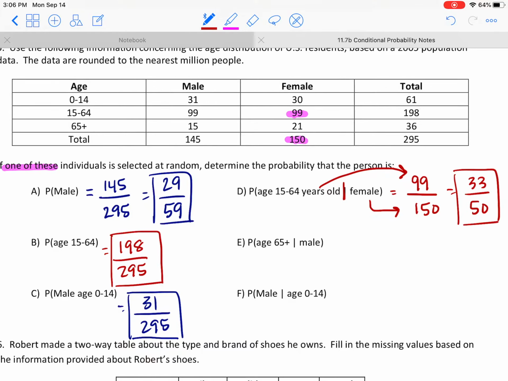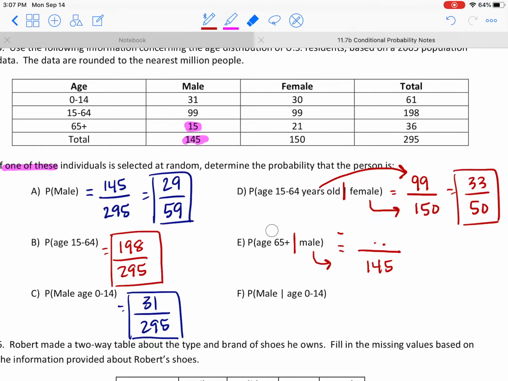Okay, next one. What is the probability that they are 65 or older given that they're male? So in this one, we are only looking at the males. Of the males, there are 145. Of the 145 males, that's the bottom of the fraction, that's the limited group we're looking at, how many are 65 and older? 65 and older would be those 15. So we're looking at 15 out of 145.